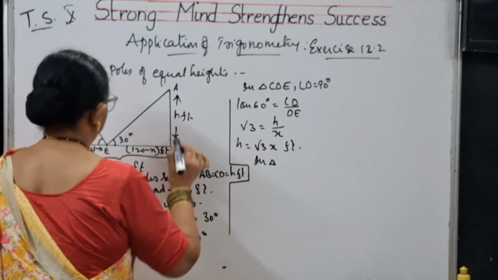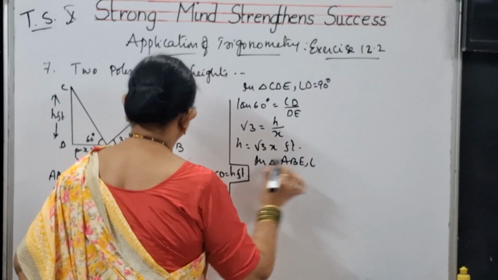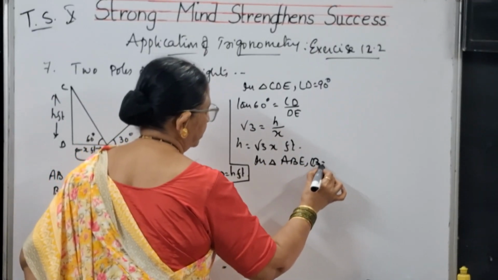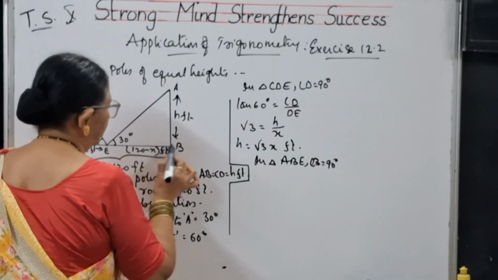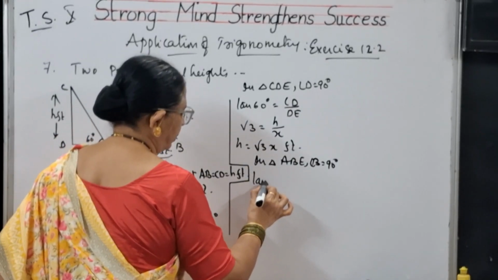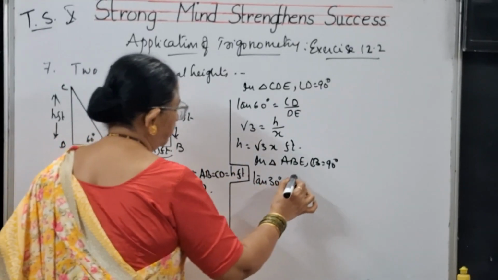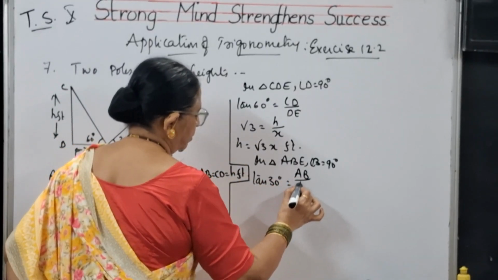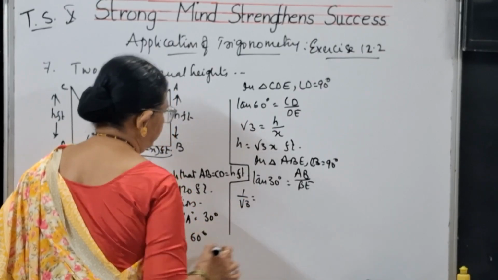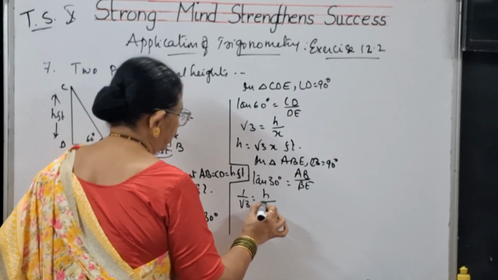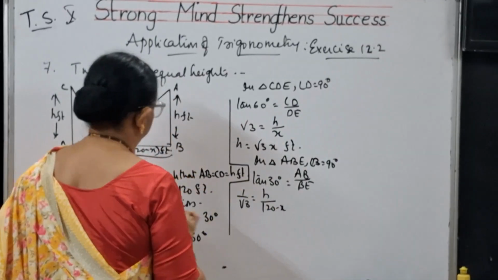In triangle ABE, angle B is equal to 90 degrees. So again, opposite side by adjacent side, that is tan 30 degrees is equal to AB by BE. Tan 30 means 1 by root 3 is equal to AB, which is H, by BE, which is 120 minus x.